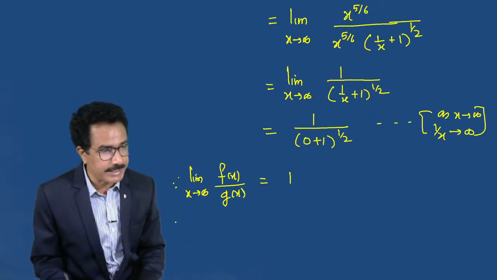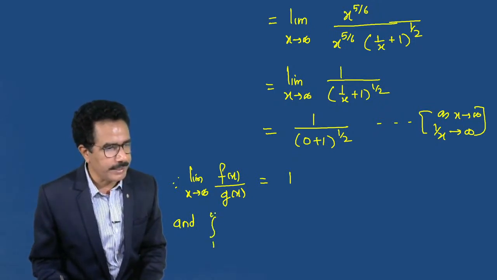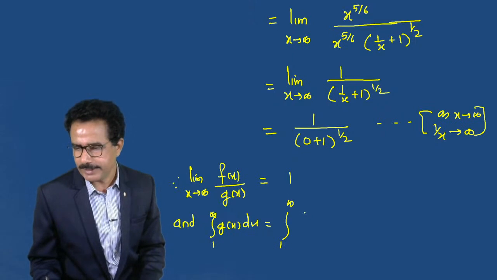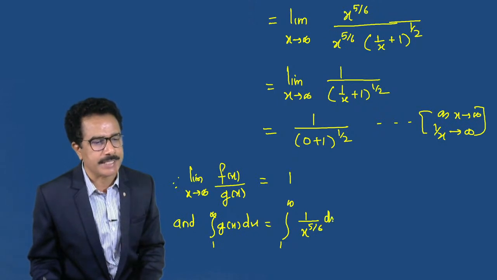Here in this case, integral from 1 to infinity g of x dx is equal to integral from 1 to infinity of 1 upon x raised to 5 by 6 dx.